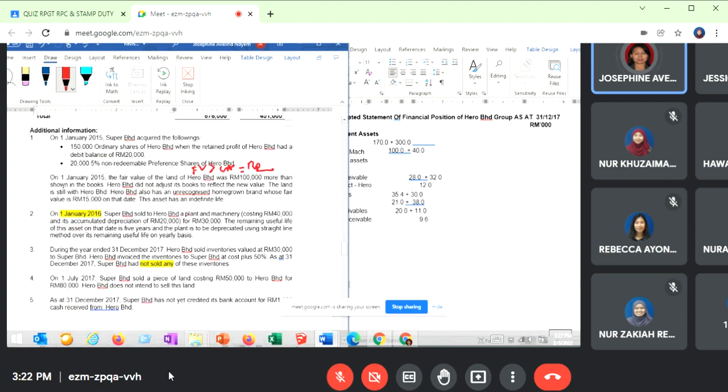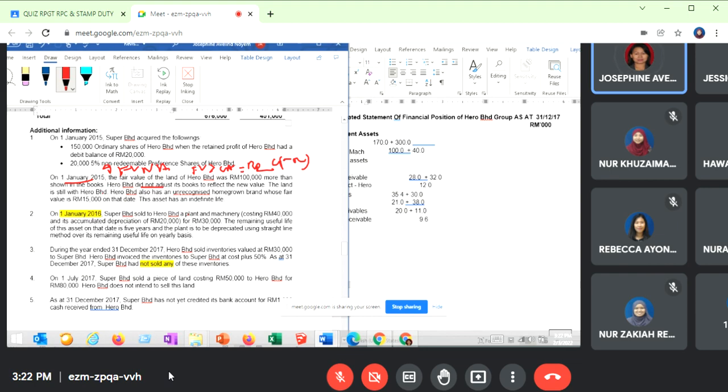Okay, but since this is on acquisition date, this is going to be a pre-acquisition reserve. It's going to increase the fair value of net assets, FVNA, of the subsidiary company. And it says here that the subsidiary did not adjust the books to reflect this new value. Okay, all right. The land is still with Hero.